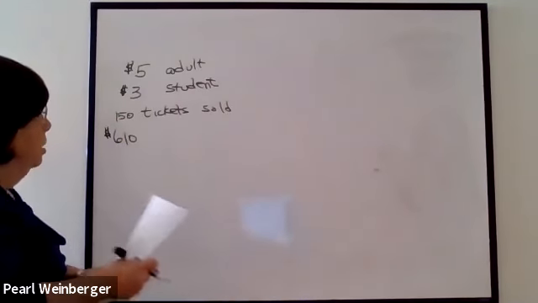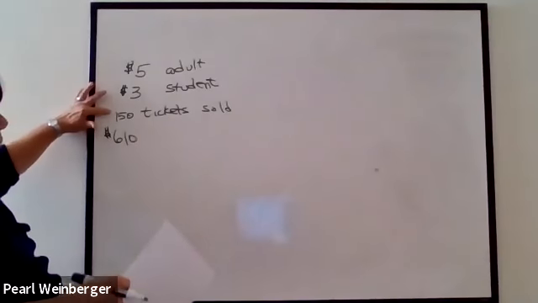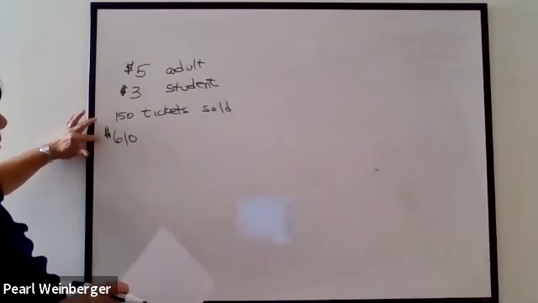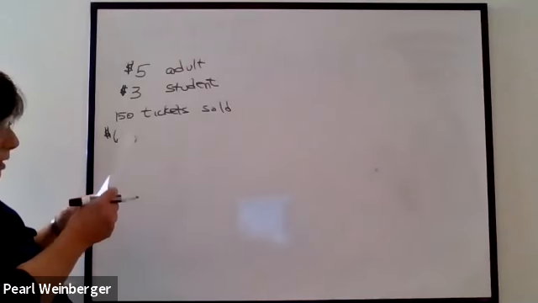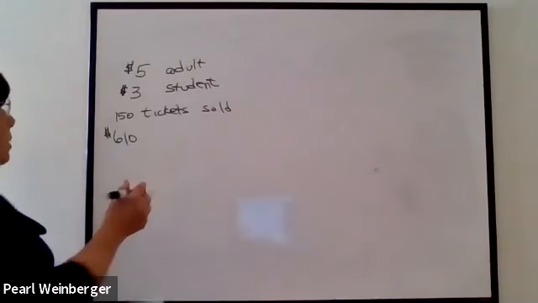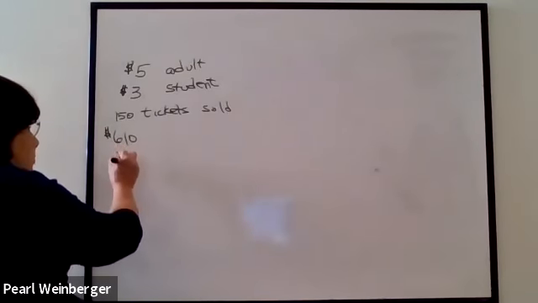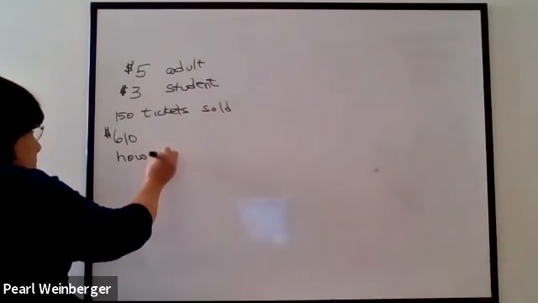So a total of 150 tickets were sold, and the amount they made on those 150 tickets was $610. And we want to know how many adult tickets were sold.